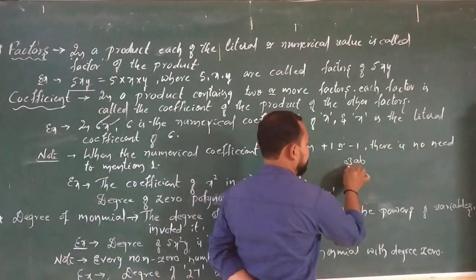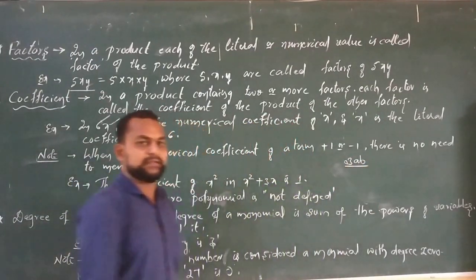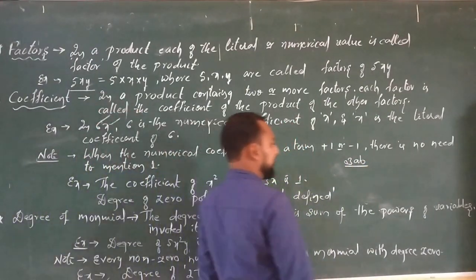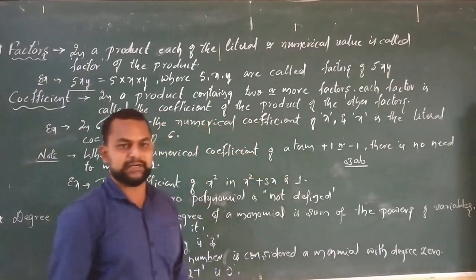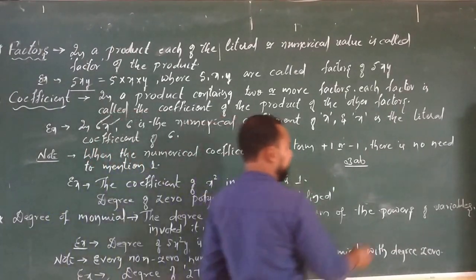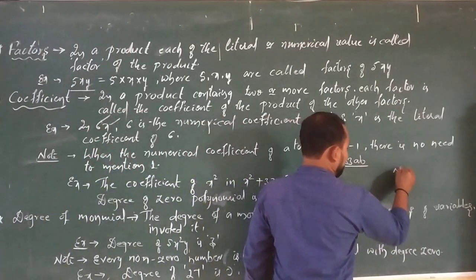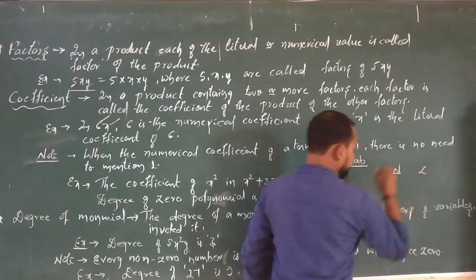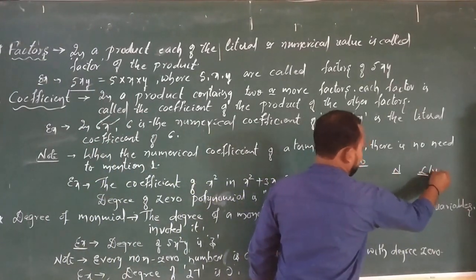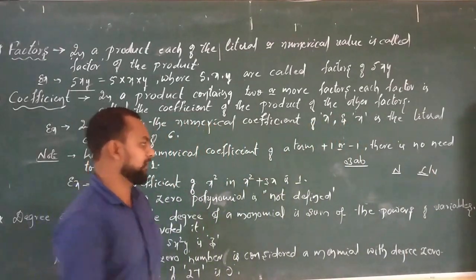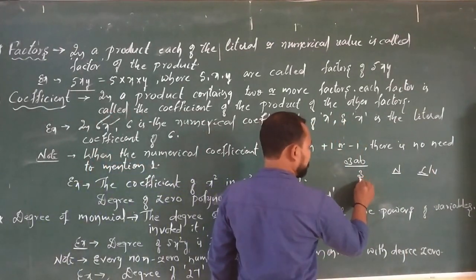3ab is a monomial and this is a term. Write the numerical coefficient and literal coefficient of each variable in 3ab. First take the 3.